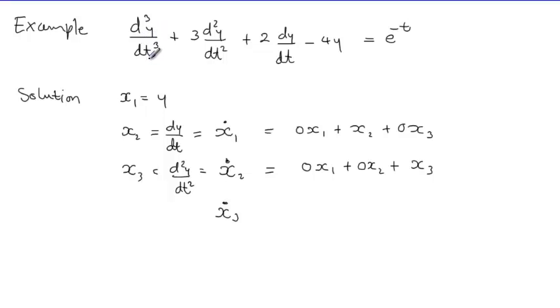So making it subject to the formula, we're going to end up with something like 4y, which is going to be 4x1, minus 2 dy/dt, which is going to be minus 2x2, then minus 3x3 plus e to the power minus t.